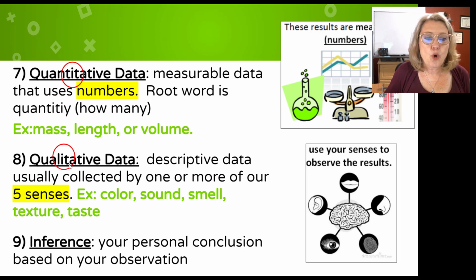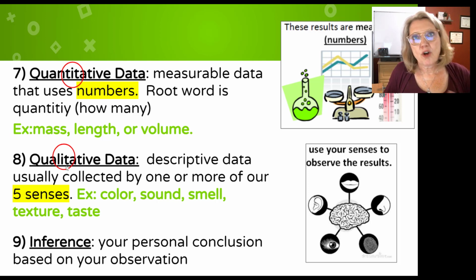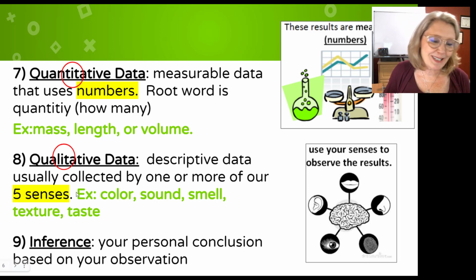The qualitative is more of a descriptive type of data. You might take data about which is big or small, or you might take some data about after we oiled the part, we heard less squeaking or more squeaking.